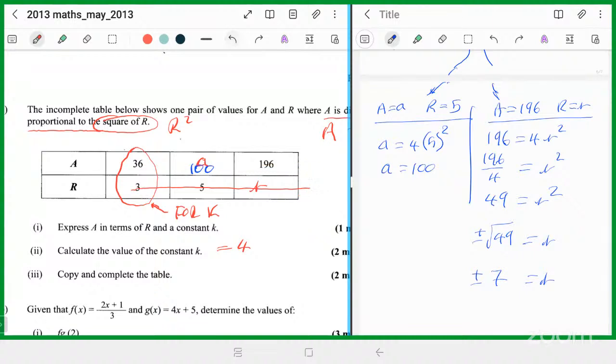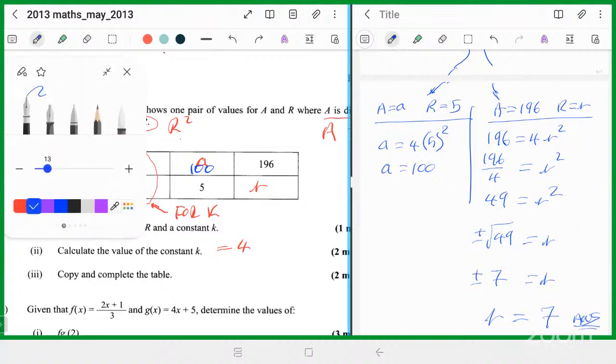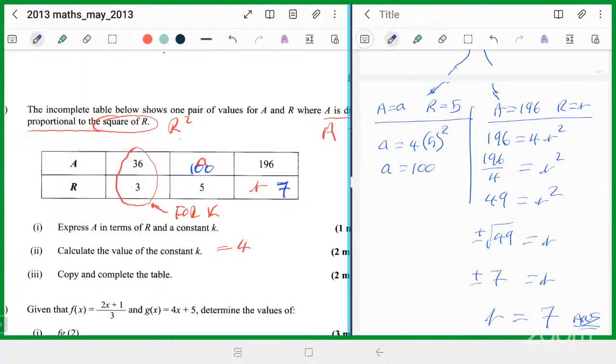So it cannot be that you go from 5 to negative 7 as the values increase. So R is just equal to positive 7. Yes, sir, I'm not using negative 7 because this is direct variation.